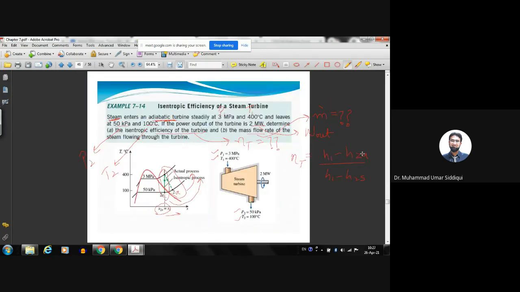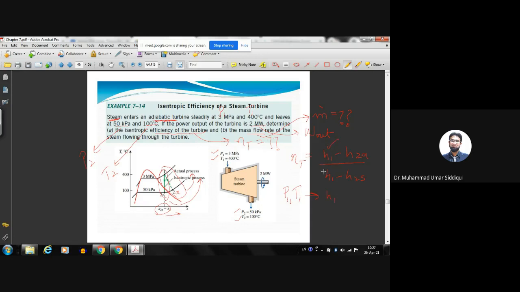H1 is something we can get simply from P1 and T1 because this is steam. If we go into the thermodynamic tables, from the pressure and temperature, we can determine the enthalpy. So we're going to use the P1 and T1 values to get H1.